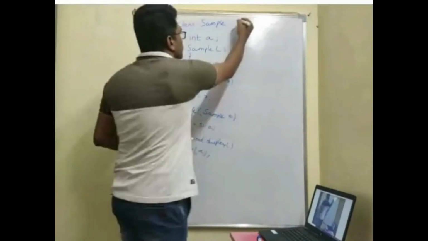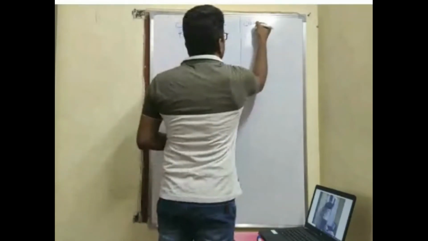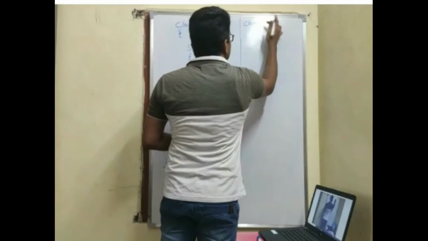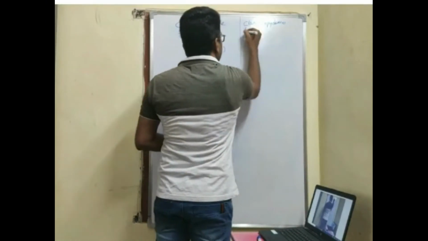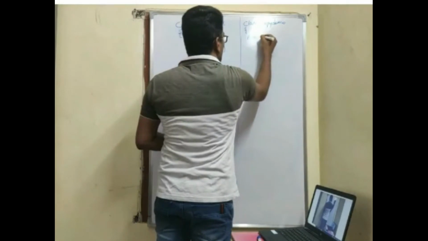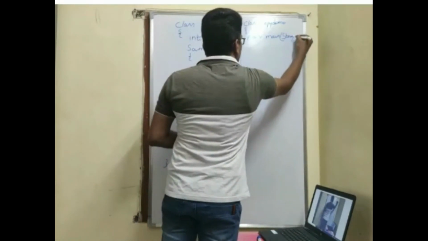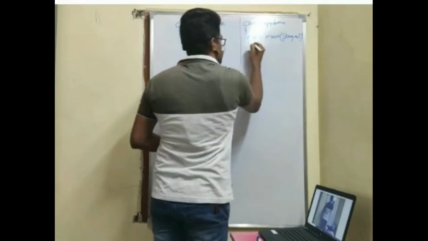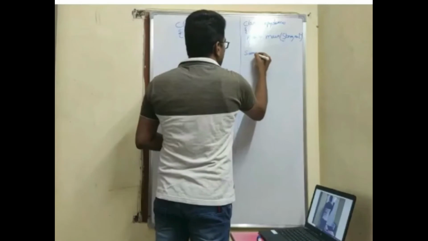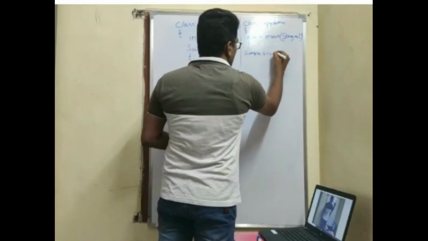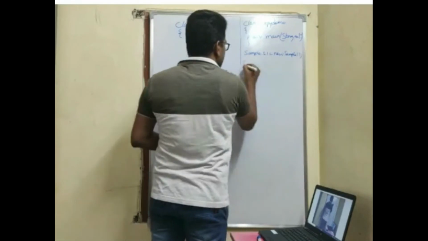So now I will write the main method. Class, suppose CopyDemo, I'm giving some name. So public static void main, String args. See here, it's very important. I create one object, s1 is equal to new Sample, like this.